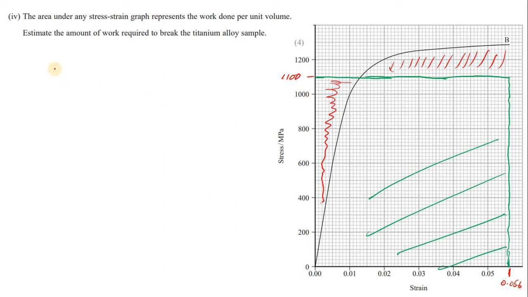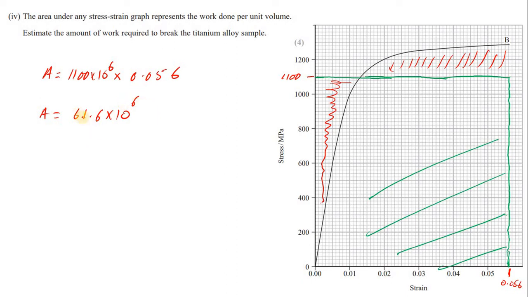So area A would be equal to the length, or height, whatever you say, 1100 into 10 to the power 6, times the breadth or width, which is 0.056. If you multiply, the area would be equal to 61.6 into 10 to the power 6.